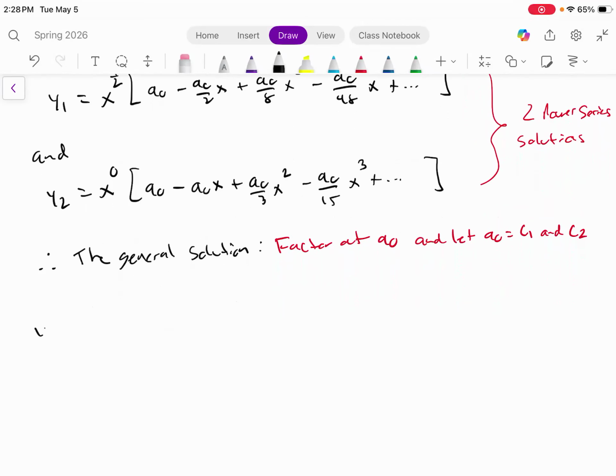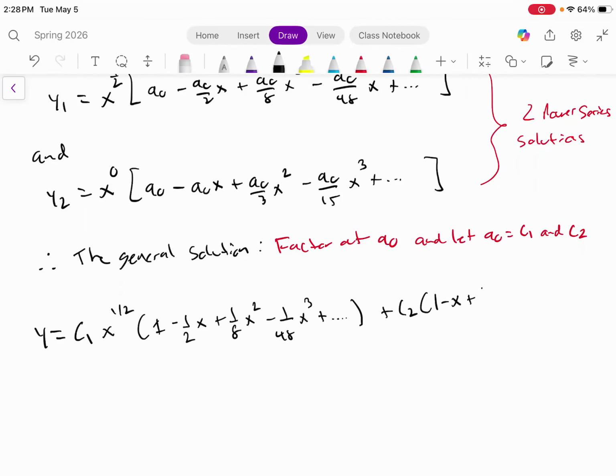And what we would have for our general solution is y equals C1, that would be our a naught that we factor out, C1 x to the 1/2 times 1 minus 1/2 x plus 1/8 x squared minus 1 over 48 x cubed plus dot dot dot, plus C2 times 1 minus x plus 1/3 x squared minus 1/15 x cubed dot dot dot.